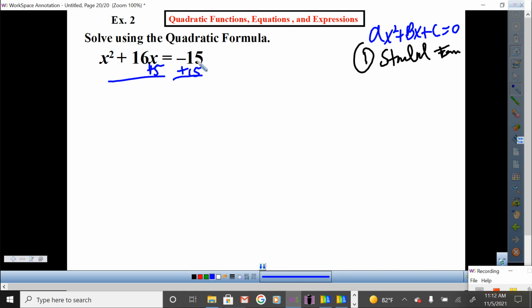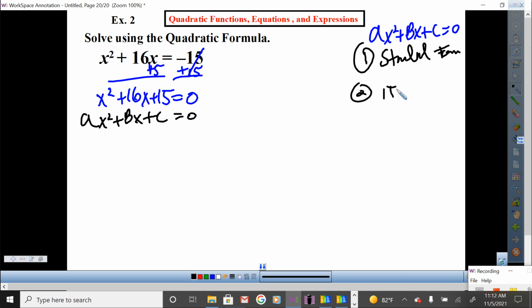So like that, we end up with 0 on this side, and this side is x squared plus 16x plus 15. Now, is it in standard form? Well, let's see. Ax squared plus bx plus c equal to 0. Does that look like this? Pretty much yes.